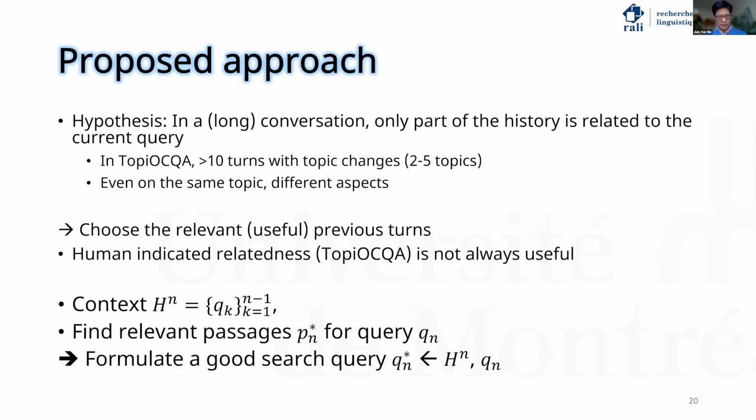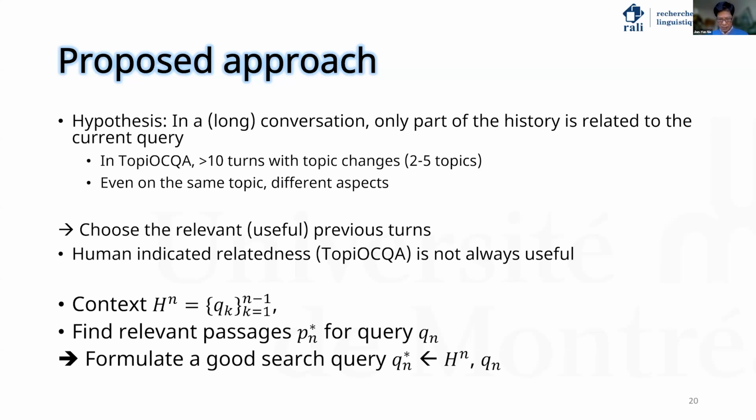So in this context, we have a limited, restricted context. That is, the conversation context is just composed of a series of previous utterances, not with the retrieved results. So we have a series of queries or questions in the history. Now we have the last question, and we want to enhance that last question somehow by incorporating the information from the conversation context.